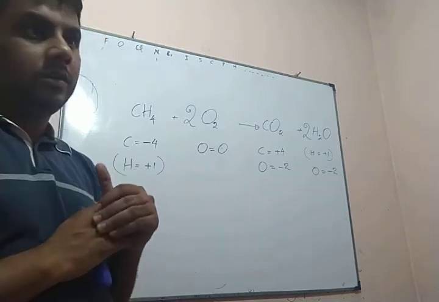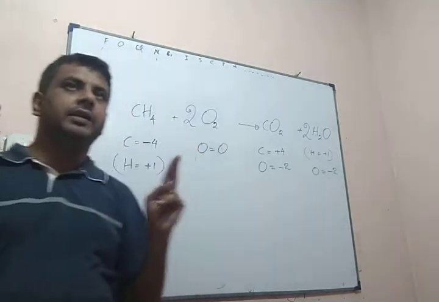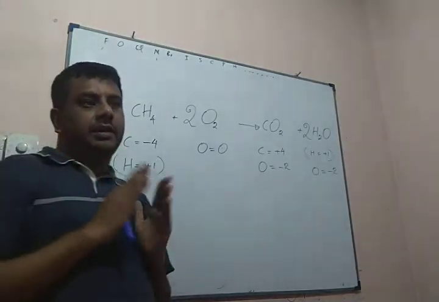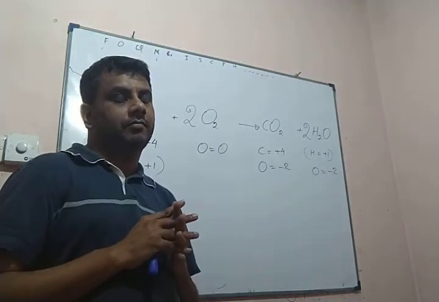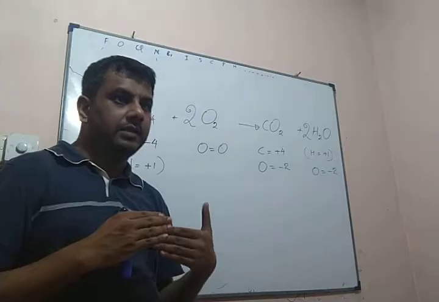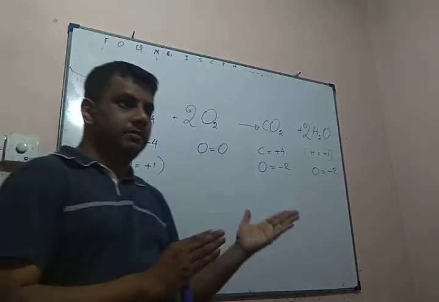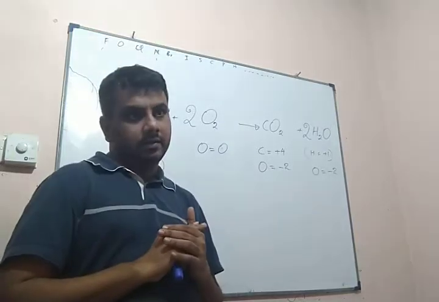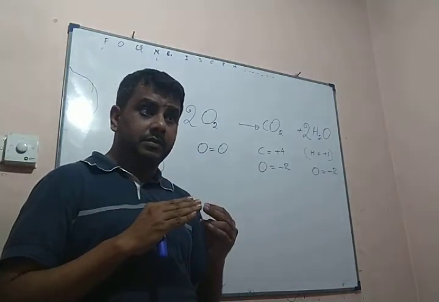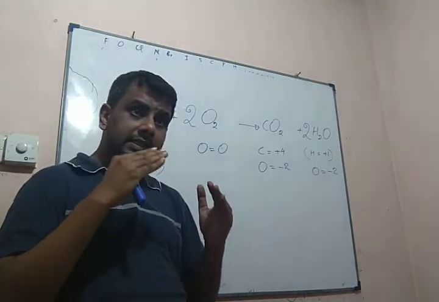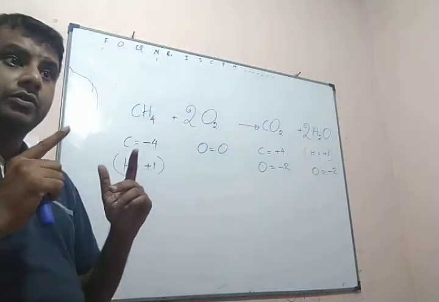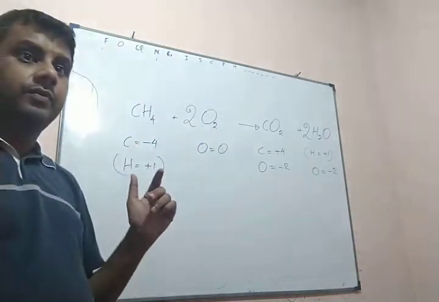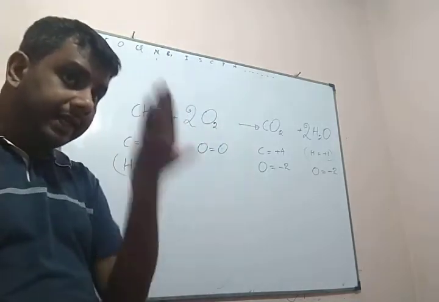Electrons will be lost. You can easily remember that. How? Oxidation means an increase in oxidation state. Oxidation state increase means electrons should be removed, because electron is negative charge.